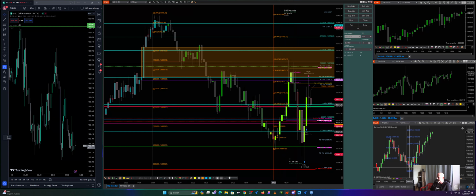Here, these red candles are the AM 8:50 to 9:10 macro, and I like to use that. It's usually the manipulation that is just pure manipulation, but this is the one that's measuring the day.